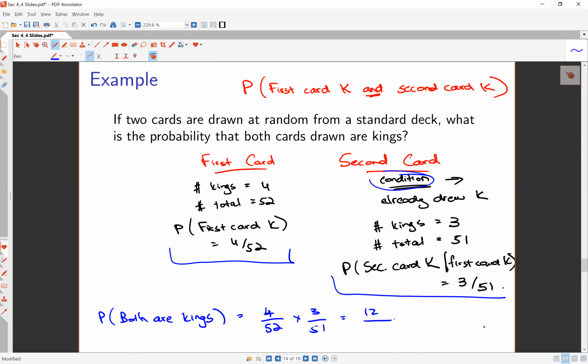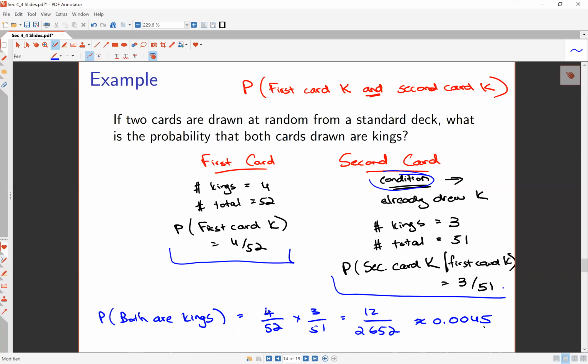And this is 12 over 2652. And if I express that as a decimal and round to 4 decimal places, it's 0.0045.